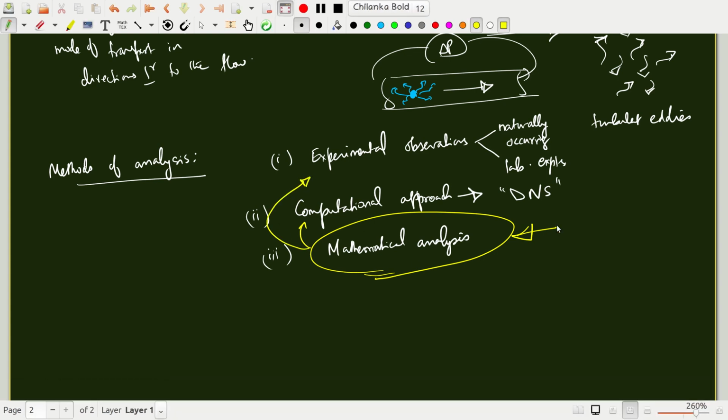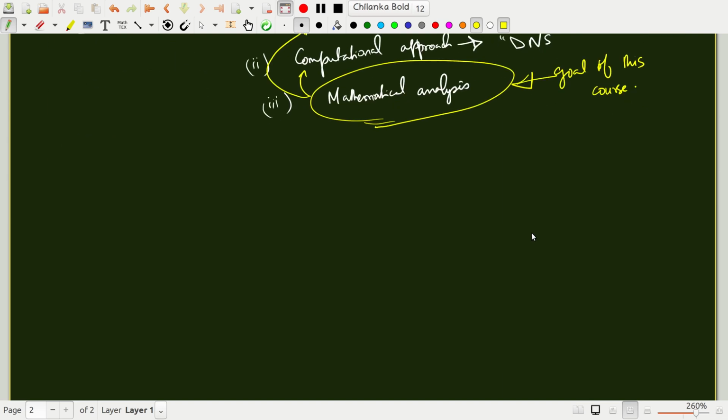So this is the goal of this course, namely a mathematical understanding of or prediction of hydrodynamic instabilities, such as the ones that I've just mentioned, pipe Poiseuille flow or plane Poiseuille flow, or the Rayleigh-Benard thermal convection, and so on.